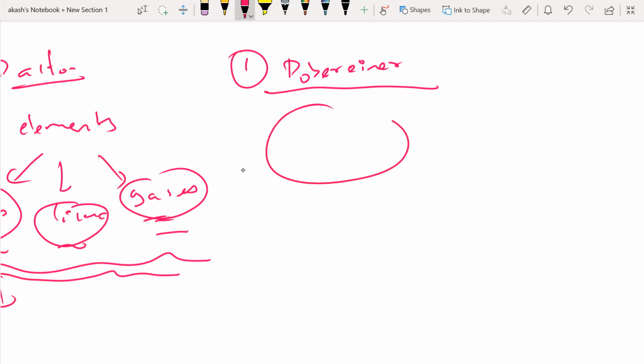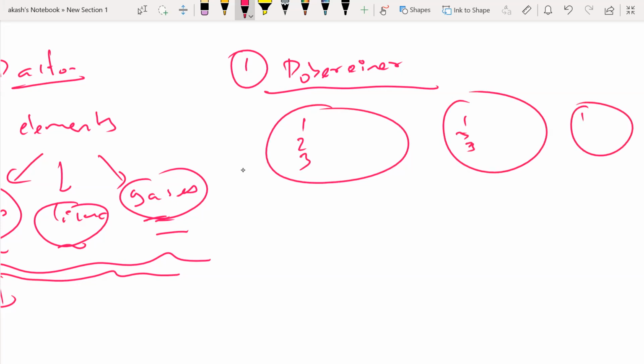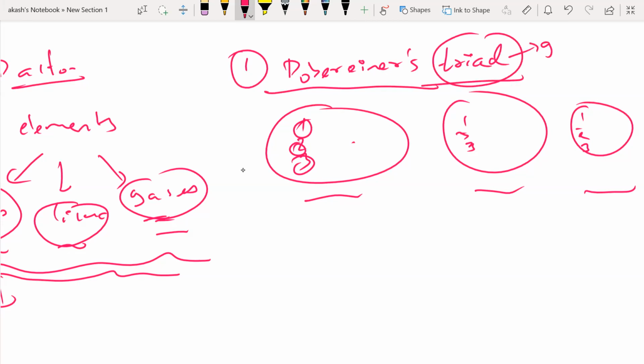Group 1 will have 3 elements, group 2 will have 3 elements, group 3 will again have 3 elements. All the groups contain 3 elements each. Since he was classifying in terms of 3 elements in one group, that way of classification is called Dobereiner's triad. What is a triad? Triad means a group of 3.